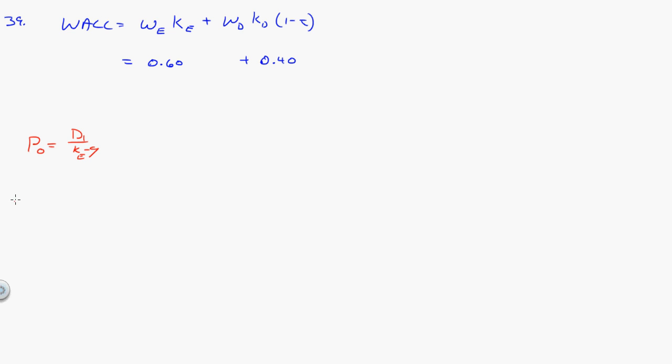If I rewrite that, KE is equal to D1 over P0 plus G. I'm not given D1, I'm given D0, so D0 times 1 plus G over P0, plus G, is equal to $2.90 times 1 plus the growth rate of 3% divided by the price of 33.75, plus the 3%.